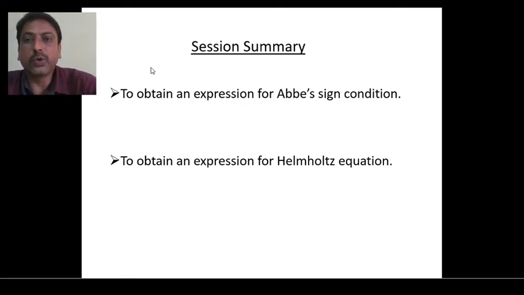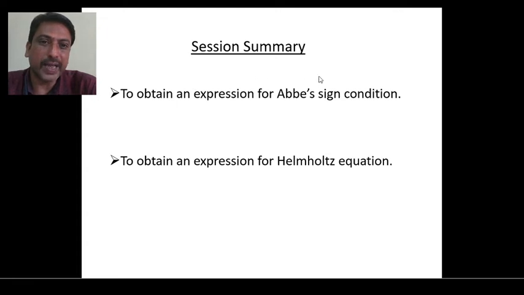First I will define aplanatic points. Aplanatic points are nothing but the 2 points on the axis of an optical system having the property that the rays proceeding from one of them will all converge to, or seem to diverge from, the other if the rays fulfill the Abbe sine condition.